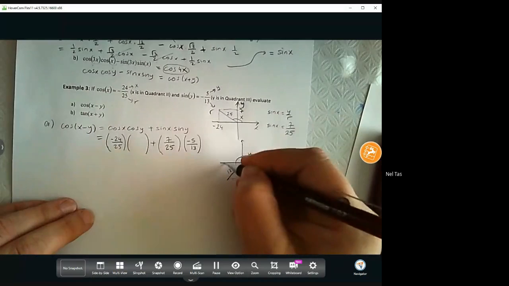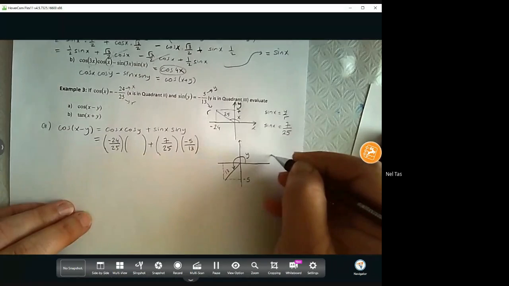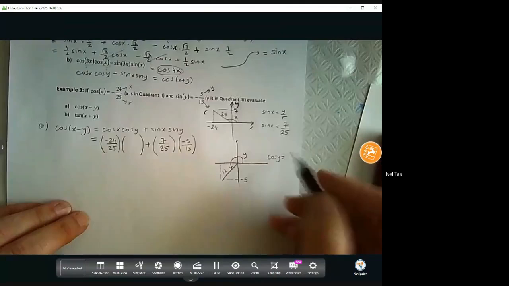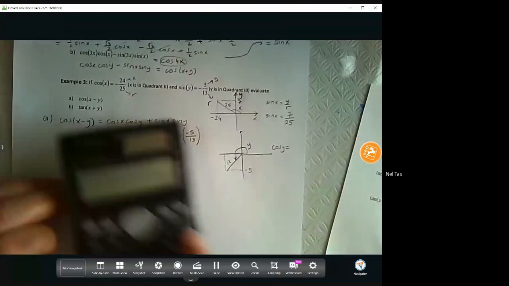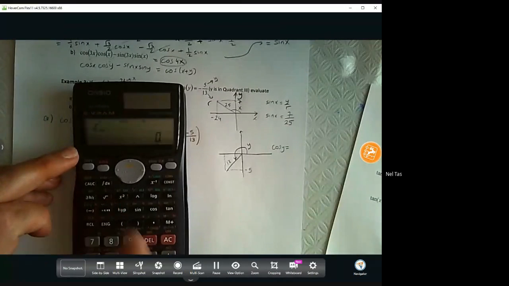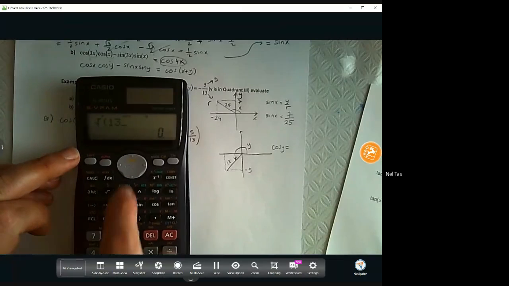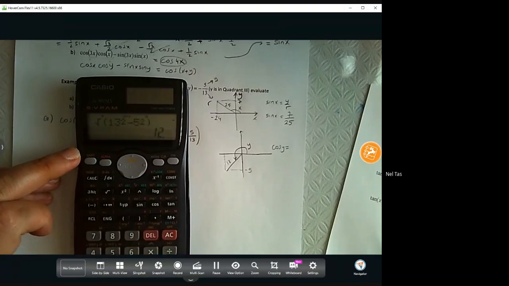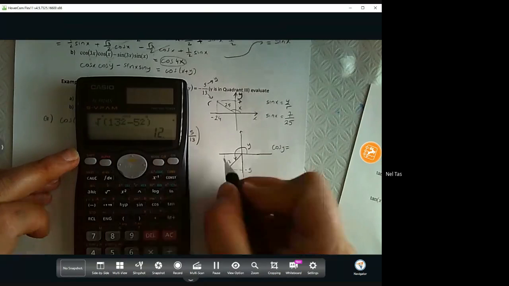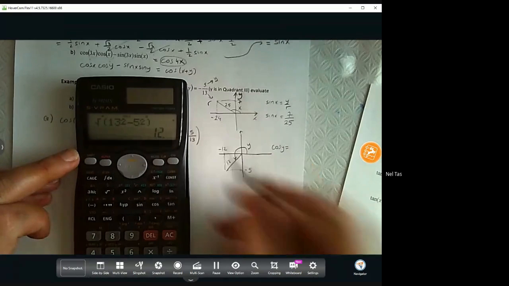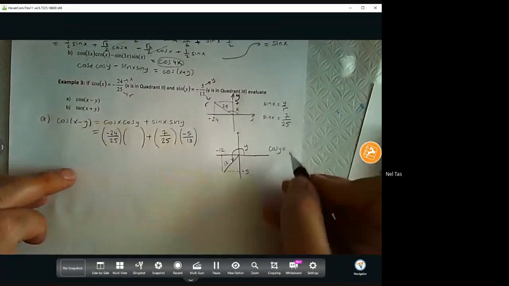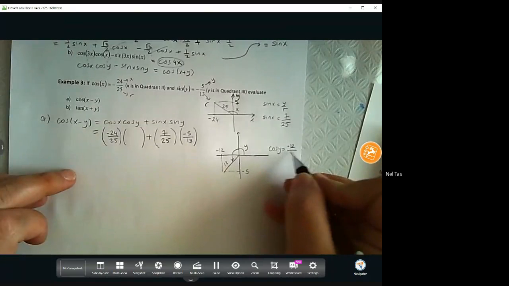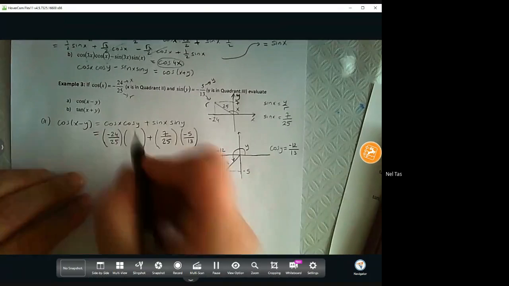Okay, so to be able to calculate cos y, we need to do x over r. X is the square root of 13 squared minus 5 squared. You get 12. This is negative 12. Negative 12 over 13 is cos y.